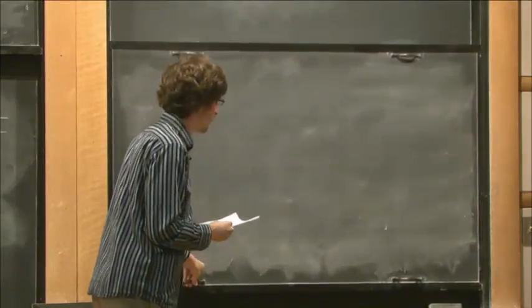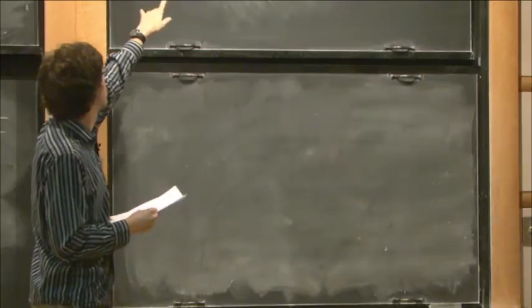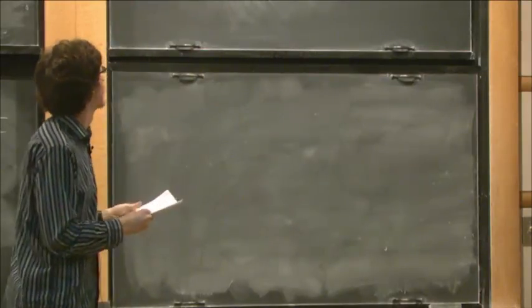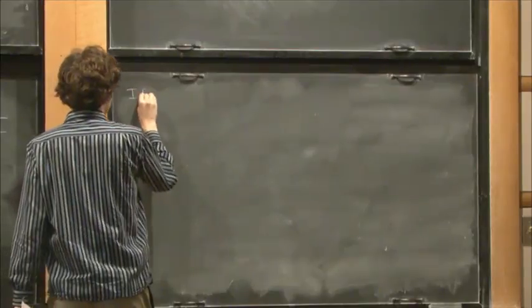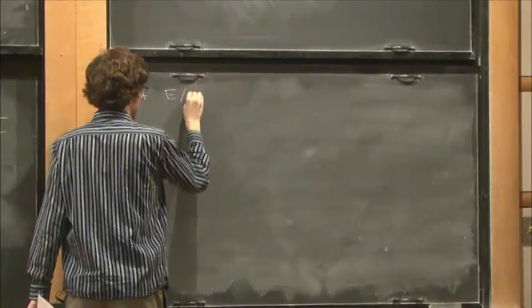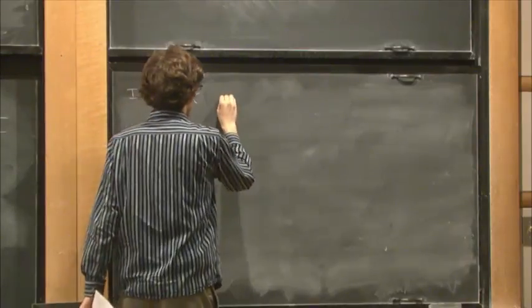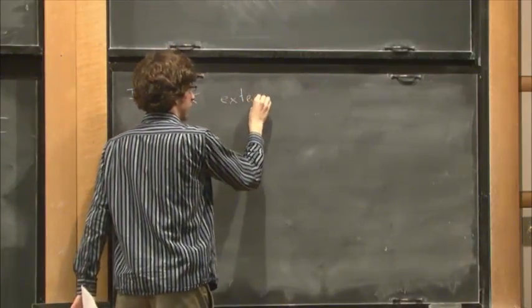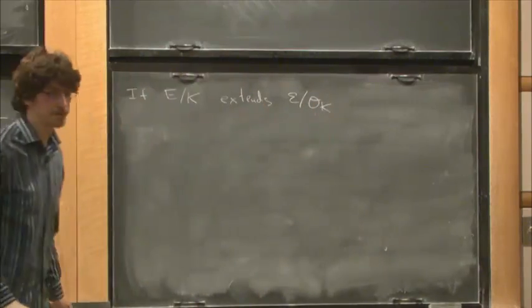So if we want a local condition that captures the geometry in the same way for L equals p, we can think about this. Let's work over K again and say that we have an elliptic curve which extends to an elliptic curve over the ring of integers, so it has good reduction.